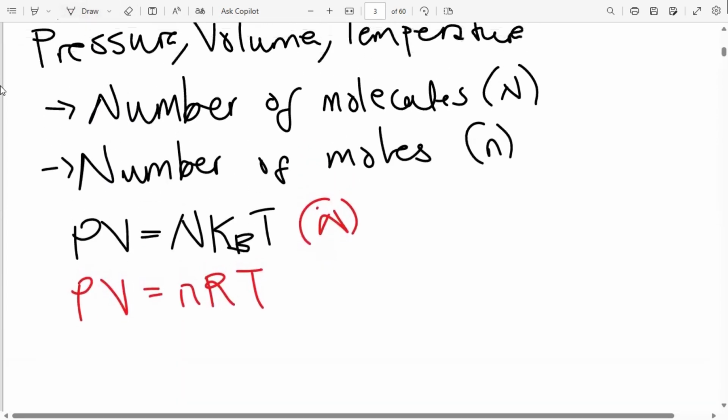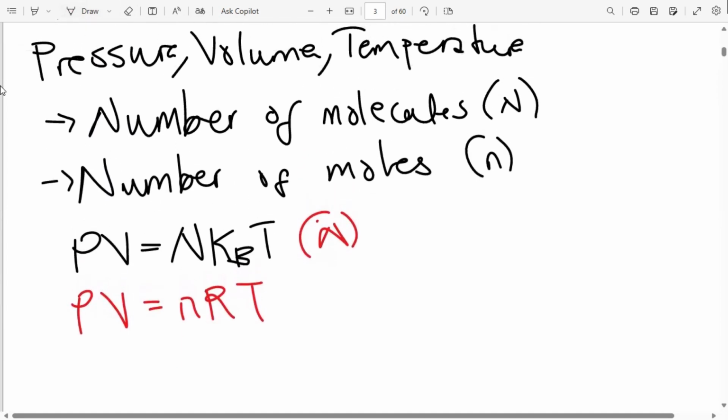So these are the two ways in which you can express our ideal gas equation.